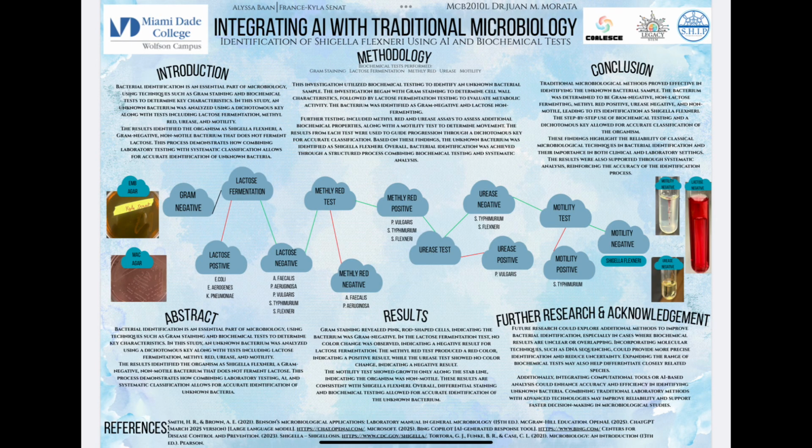In addition to all the traditional lab methods that we did, we also used artificial intelligence tools to support our analysis. One tool we used was ChatGPT, which helped us interpret biochemical tests and compare characteristics of different bacteria. Another tool we used was an AI-based image analysis tool, which helped analyze observations and confirm morphological features.